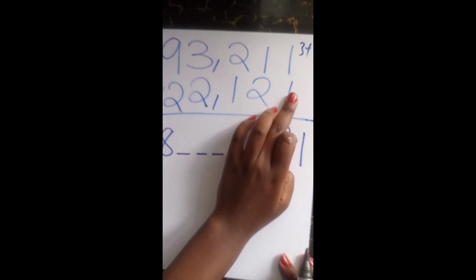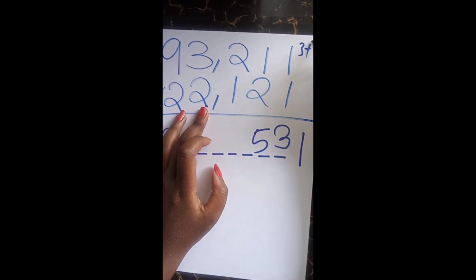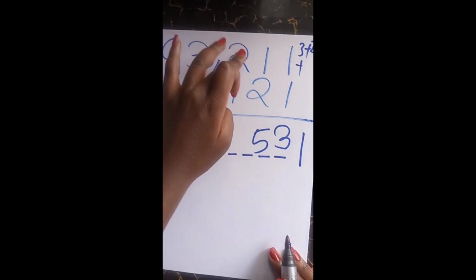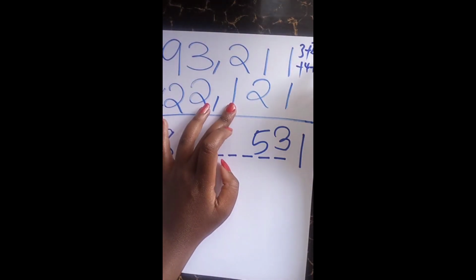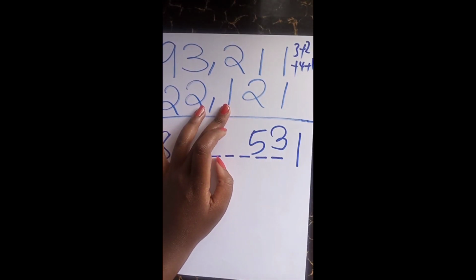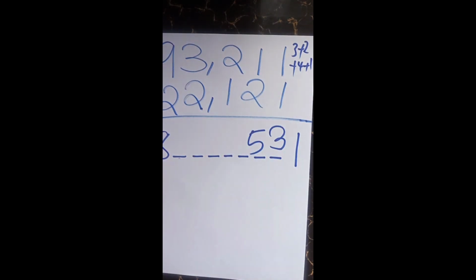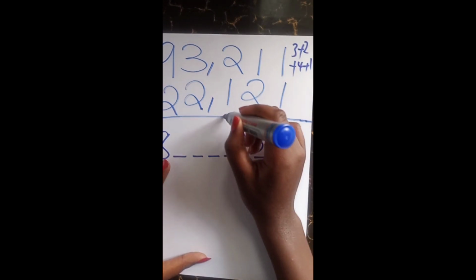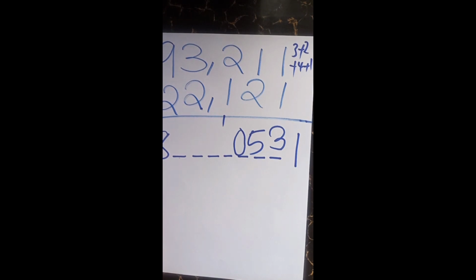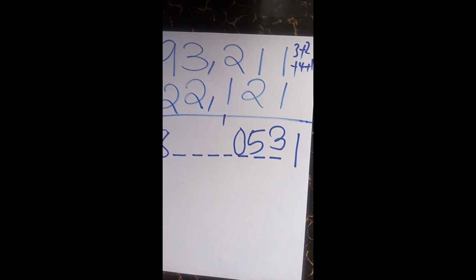Okay, plus 2 times 2 is 4, plus 1 times 1 is 1. So what do we get? 3 plus 2 plus 4 plus 1: 3 plus 2 is 5, 5 plus 4 is 9, 9 plus 1 is 10. So we'll write a 0 over here and carry a 1 here. Are you following?